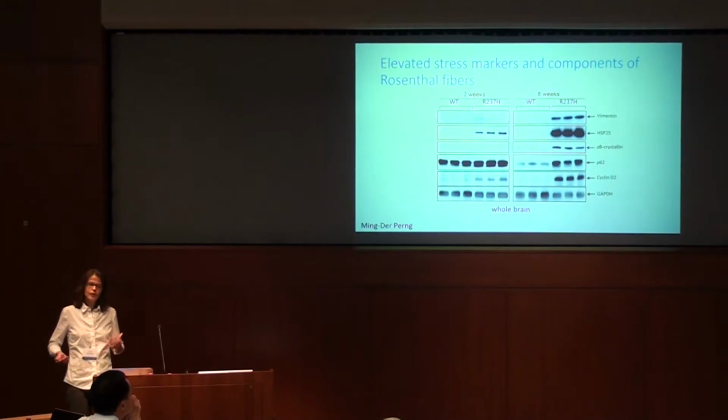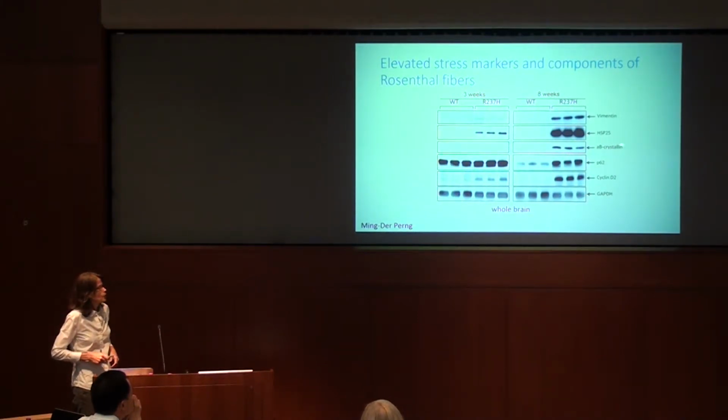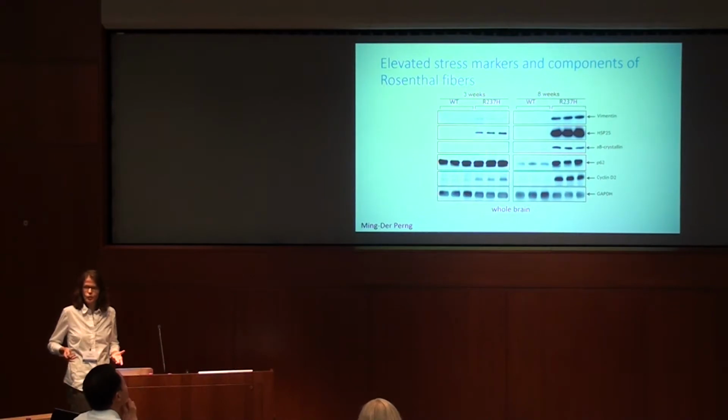And these are other proteins that are found in Rosenthal fibers. And again, we're looking at the animals at 3 weeks of age and 8 weeks of age. And we begin to see an increase in the mutant animals at 3 weeks of age. And then at 8 weeks, all of these proteins, which include vimentin, this is another intermediate filament. I mentioned those are part of Rosenthal fibers. Small heat shock proteins, which are stress response proteins.